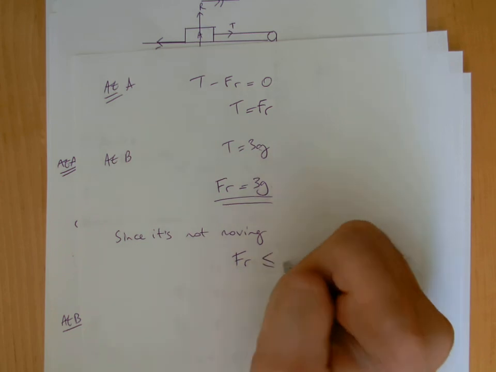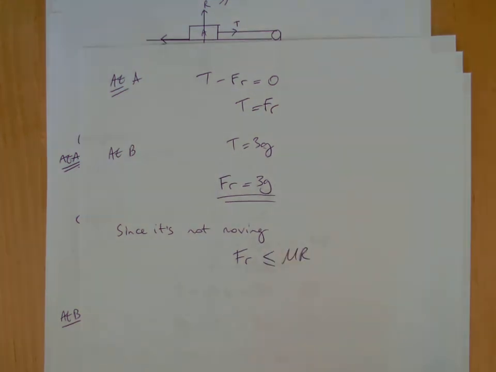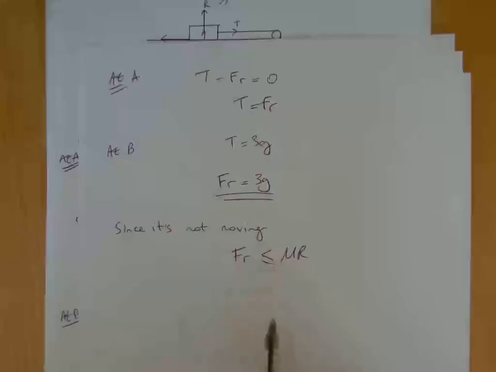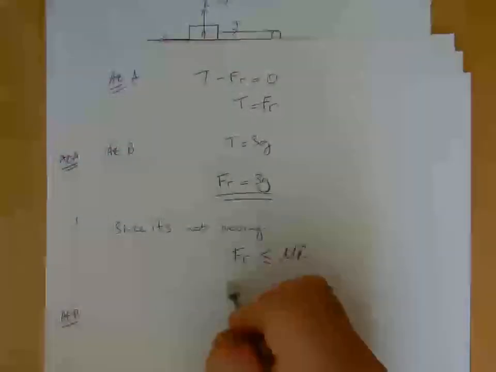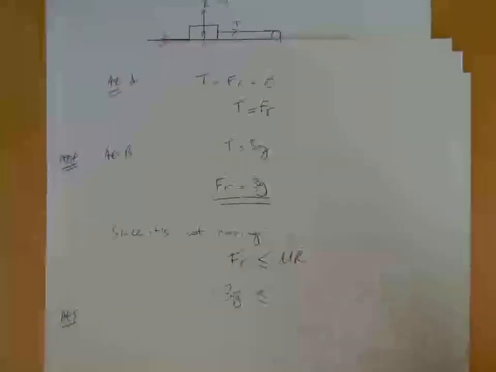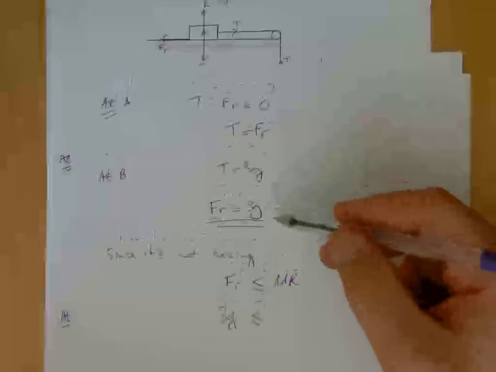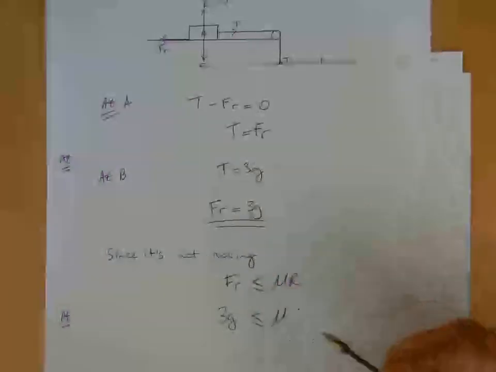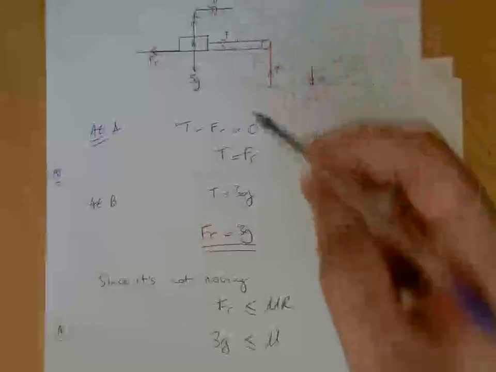In other words, friction is going to be less than or equal to mu R. It might be equal to mu R. It might be at its max and just holding it in place. It's on the point of moving, but it's still not moving. But we've got to assume it could be less as well. So if we sub that in, 3G here for friction, which we worked out, when it's not moving, it's equal to the weight of object B. Mu, and R, of course, we established earlier on, was 5G.